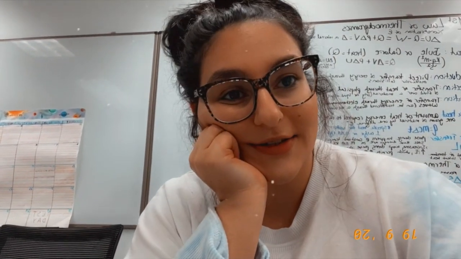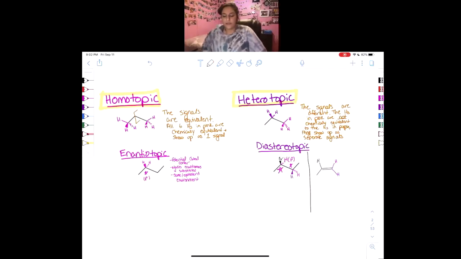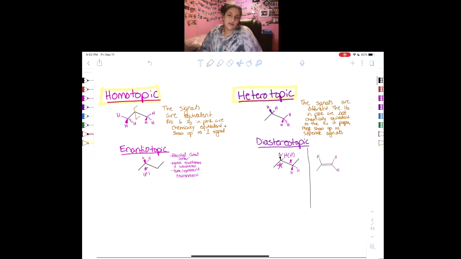Today we are going to cover homotopic, heterotopic, enantiotopic, and diastereotopic signals. So let's get started. Before we go into examples of signal counting, I do want to talk about these relationship words. They're very important. The umbrella terms are highlighted in yellow boxes, and they are heterotopic and homotopic.